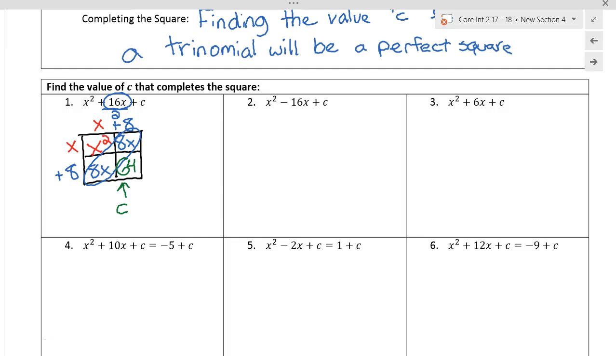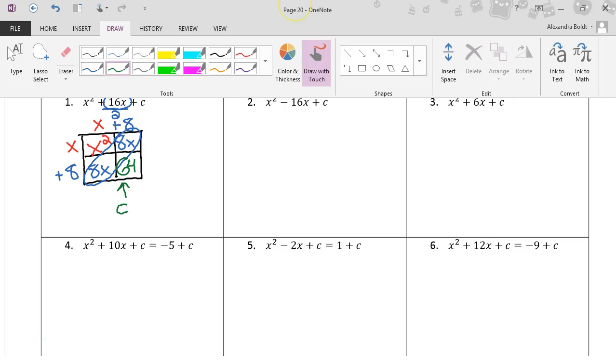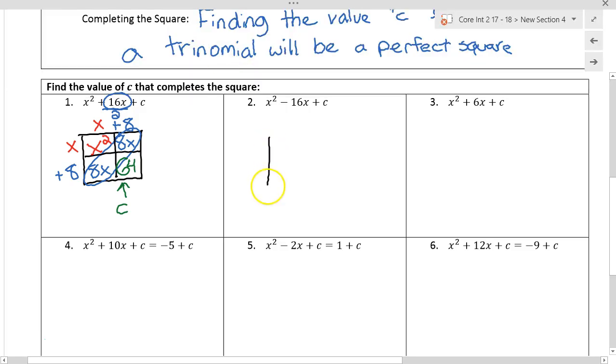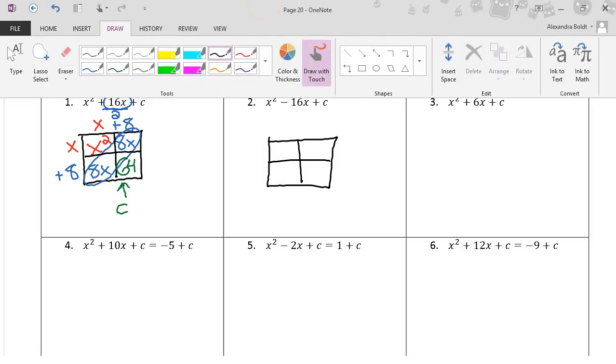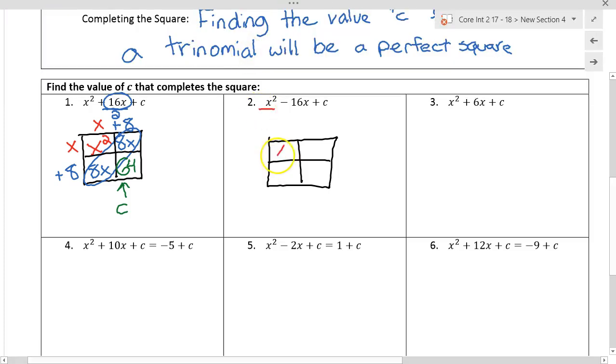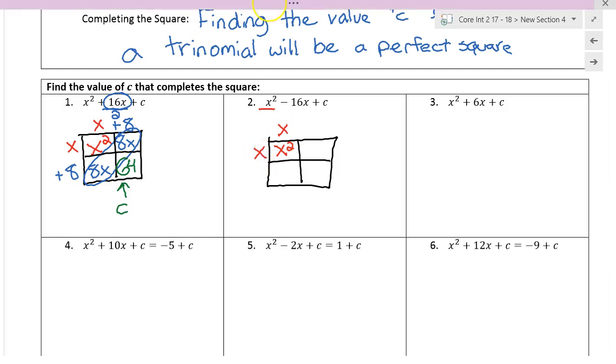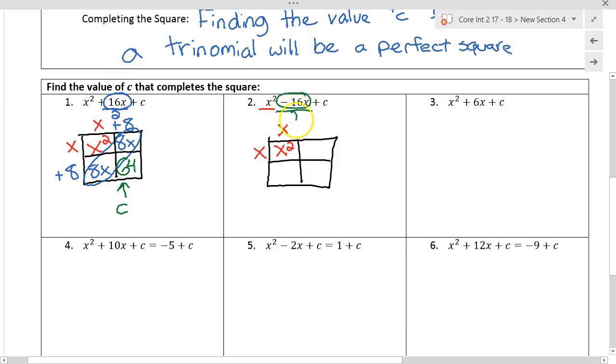All right, looking at number 2, same type of thing. I am going to start by making my box. I have x squared minus 16x plus c. X squared goes here, x times x. I'm going to take negative 16 and divide by 2. The negative is important. So I get negative 8 and negative 8x.